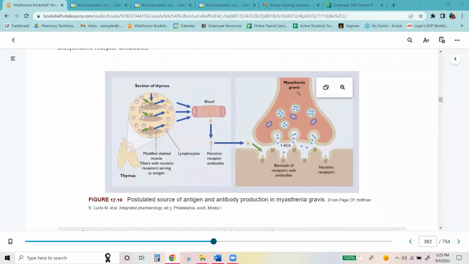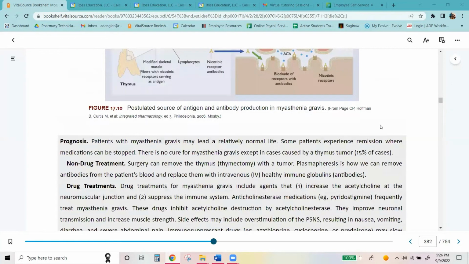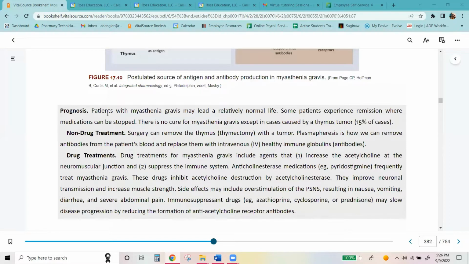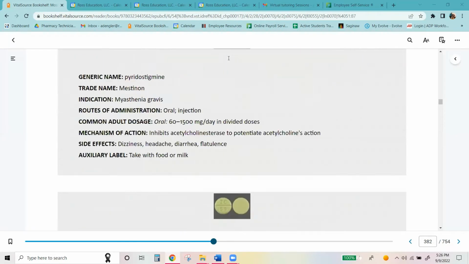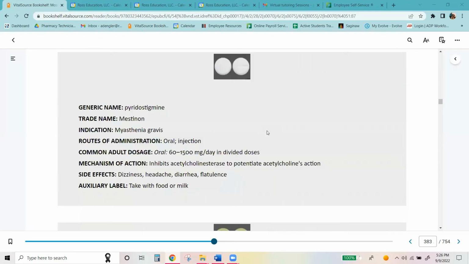So here is a little depiction. And then it goes over the prognosis, non-drug treatment, and drug treatment for each condition. And then it lists medications for the condition. So for myasthenia gravis, we have the medication Mestinon, and then it gives you the route of administration, oral and injection, the common adult dosage, the mechanism of action, the side effects, and the auxiliary labels.